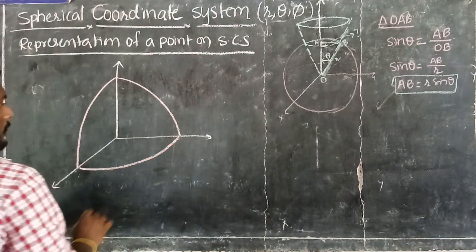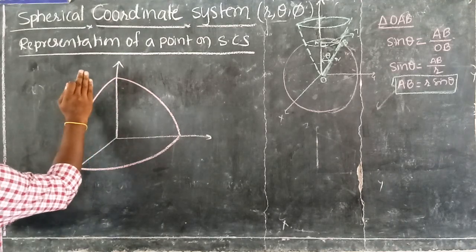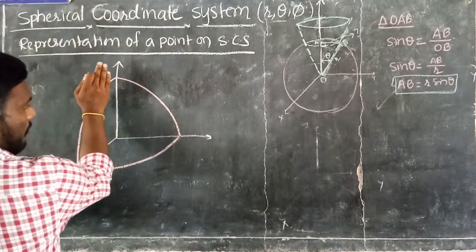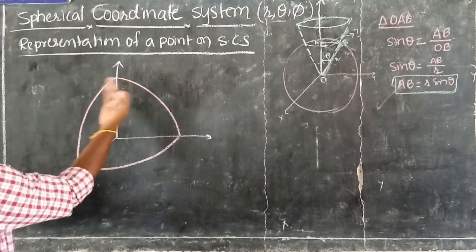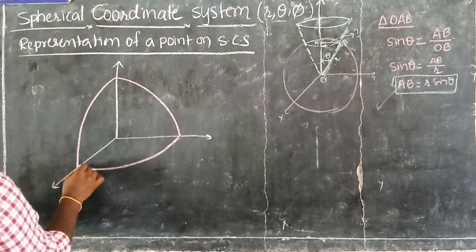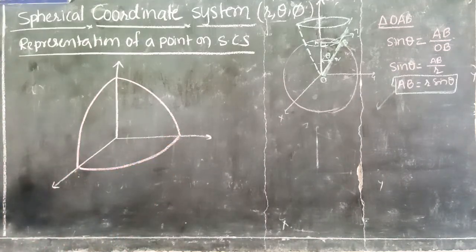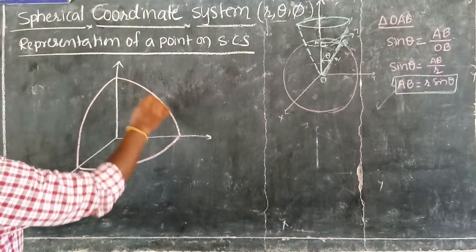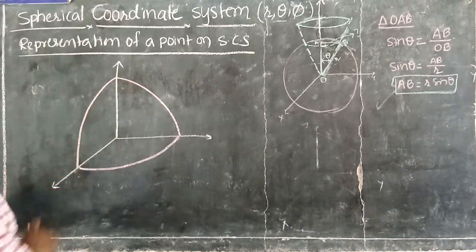Sir, why are you drawing like this only? My half plane is moving from the xz plane in the clockwise direction. So that is why the common portion formed by the half plane is this one, and the common portion of the three surfaces is this one, and here it is this one.